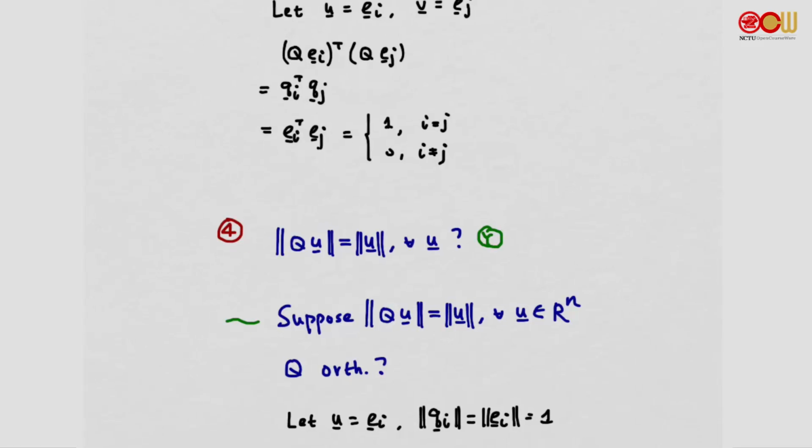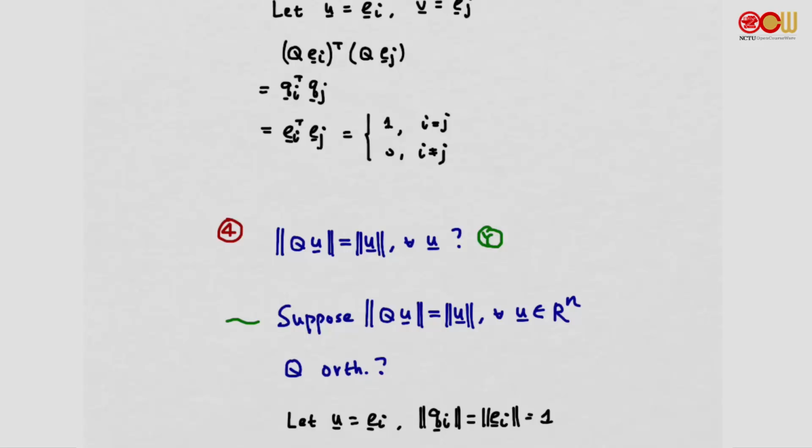Now let's think about the orthogonality among the vectors. We want to see if the column vectors of Q are orthogonal. Orthogonality between two vectors means that we need to somehow cook up the dot product.